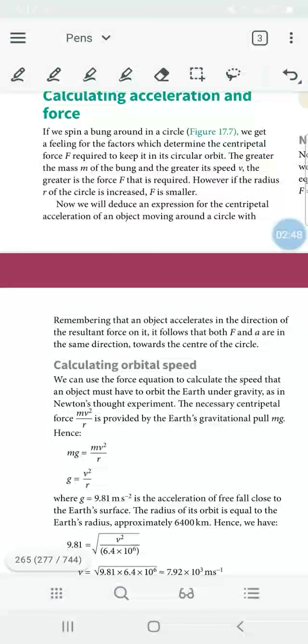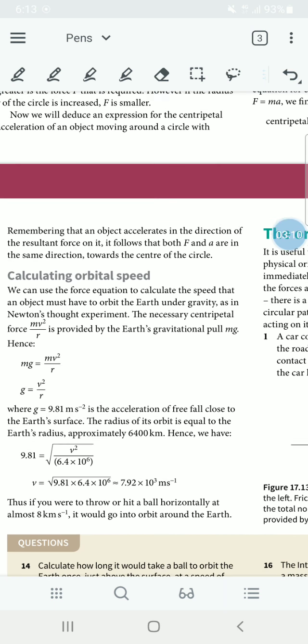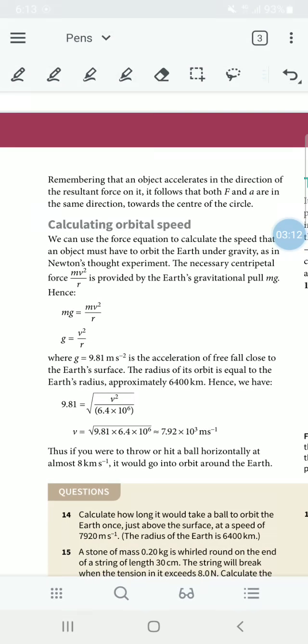Right. Then put a star and write down: the acceleration as well as the resultant force are in the same direction, that is towards the center of the circle.